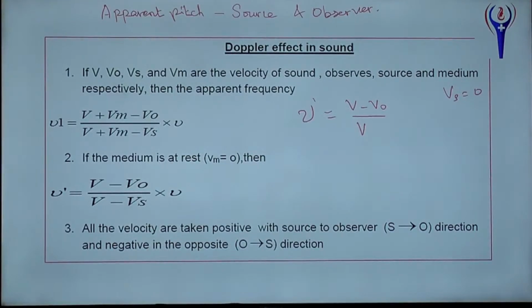Increases or decreases? Increases. That is nu dash equal to (V plus Vo) by V, as the source is at rest. Here what is V? V is the velocity of the sound, into nu. Nu is the actual frequency of the sound.